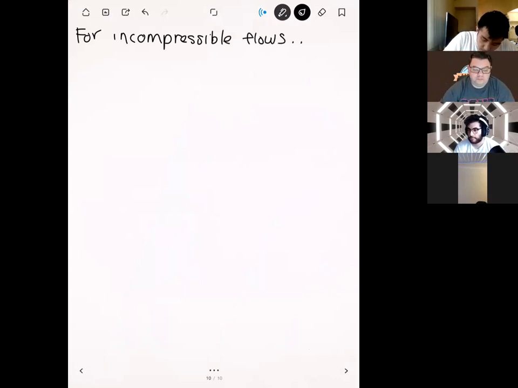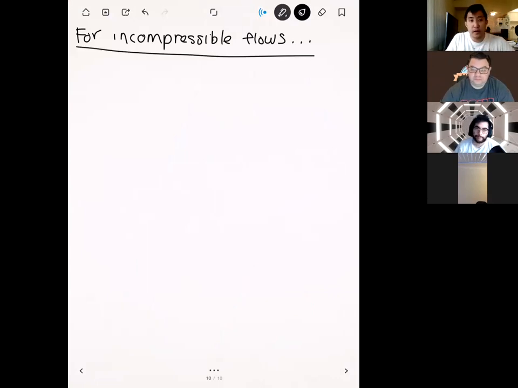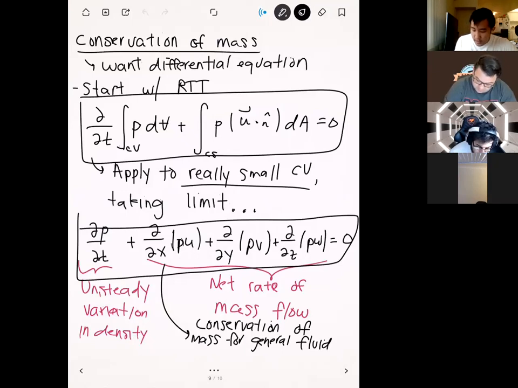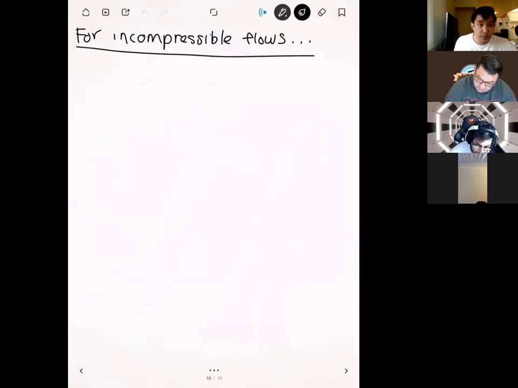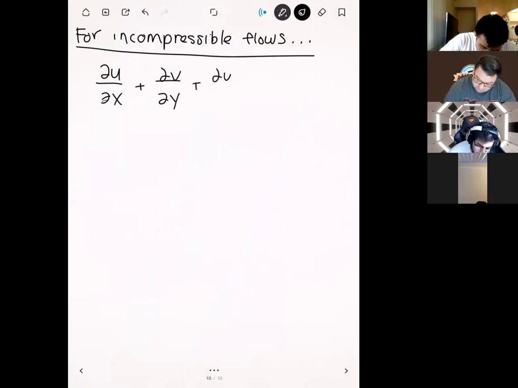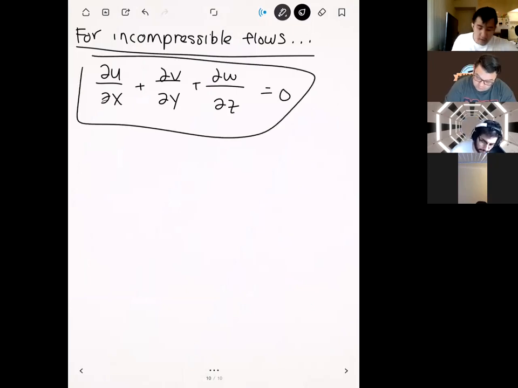The thing with incompressible flows is that the density is a constant, so basically any derivative that involves density is going to go away. If we do that, all we're left with is du dx plus dv dy plus dw dz is equal to 0.